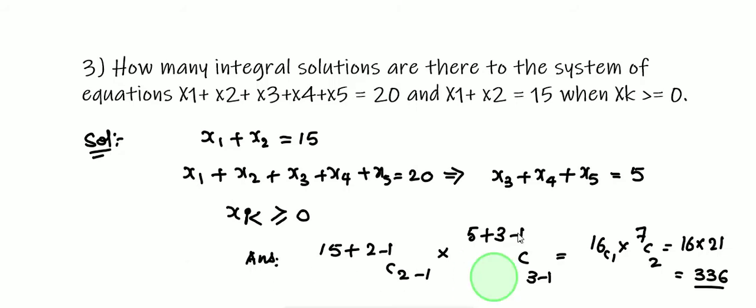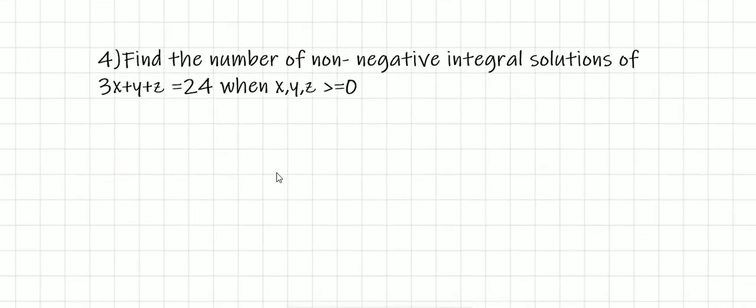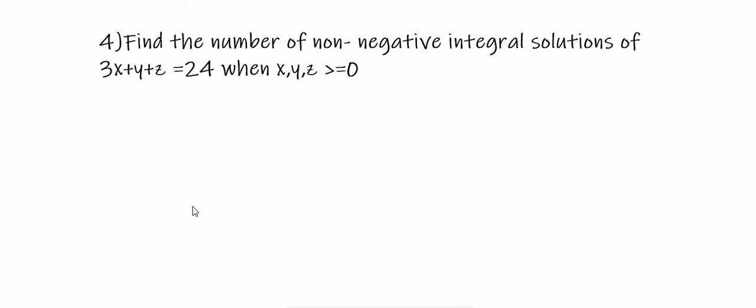So coming to the next model, find the number of non-negative integral solutions of 3x plus y plus z equal to 24, where x, y, z are all greater than or equal to 0. Of course the parameters follow the prerequisite, that is x greater than or equal to 0, y greater than or equal to 0 and z greater than or equal to 0.